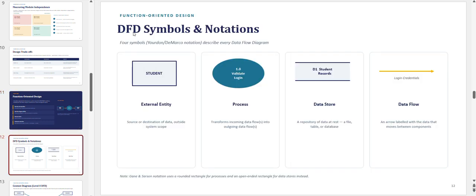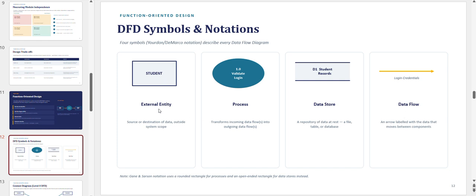Now we will see DFD symbols and notations. Four symbols are there to describe every DFD. Let's see the example. First one is student, an external entity, then validate login, a process, then student records, a data store, then login credentials, a data flow.